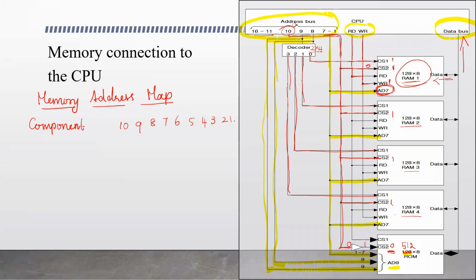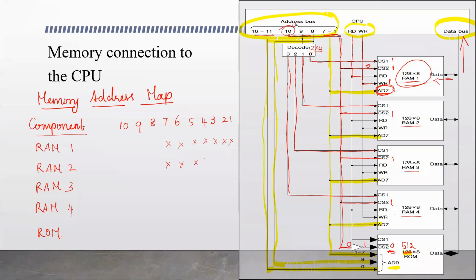2 and 1. And let's take RAM 1. The components here are RAM 1 and RAM chip 2, 3, RAM 4, and there is one ROM. As the capacity of these RAM chips is 128 words, these 7 bits are utilized for specifying the address of these words.